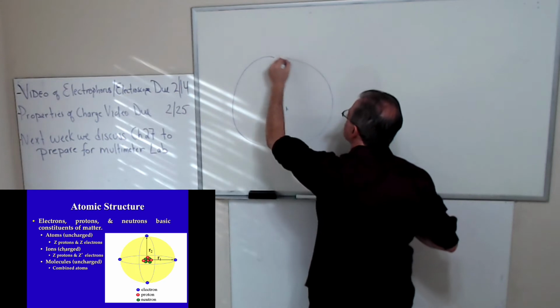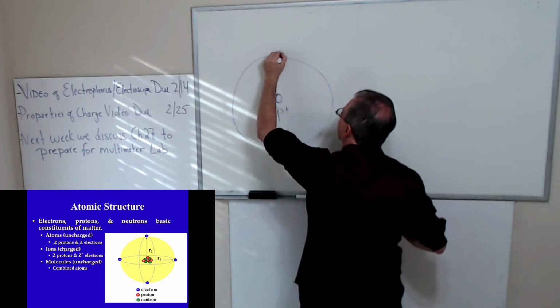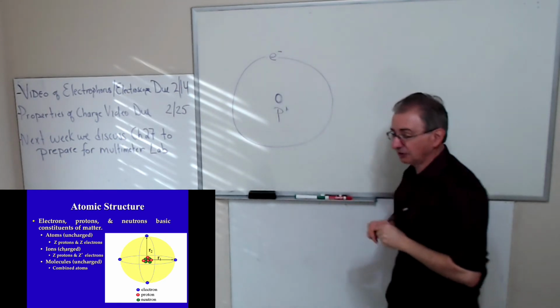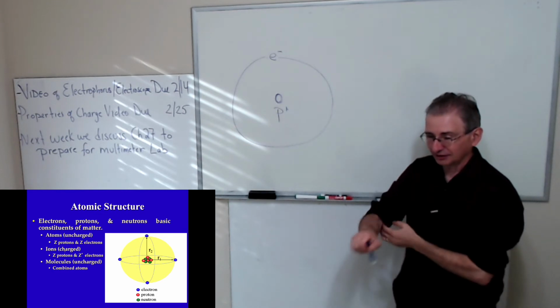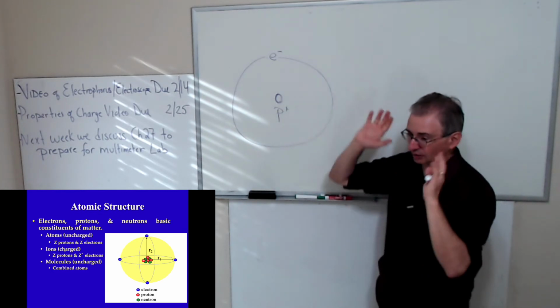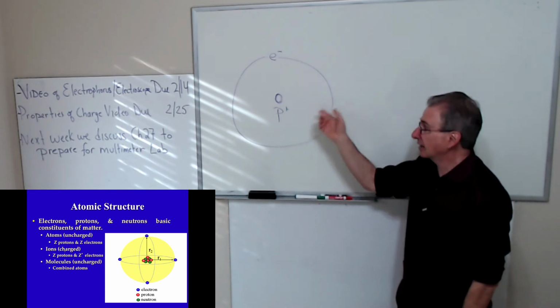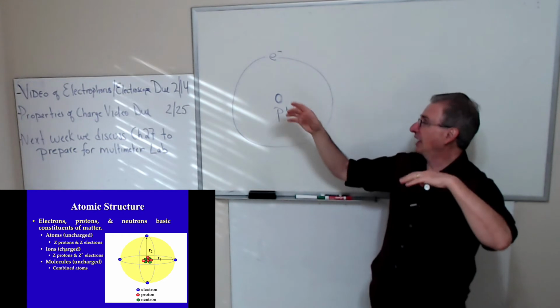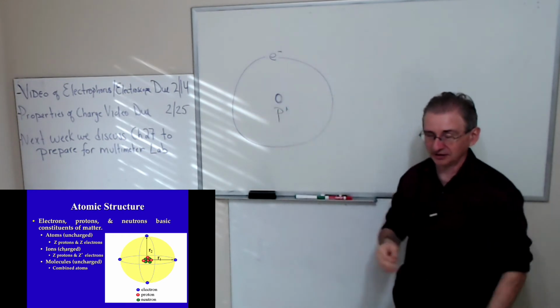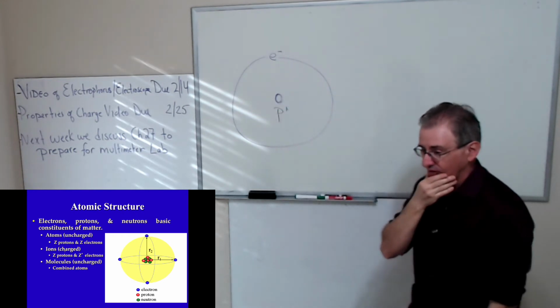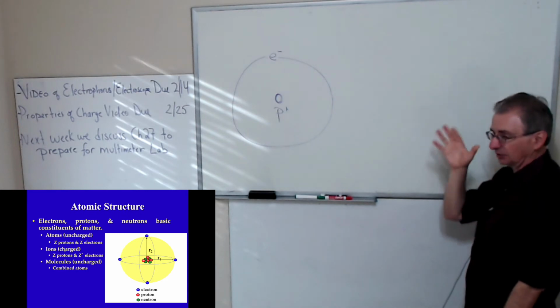Again, this picture I'm drawing is not accurate. So you have a proton with an electron going around it. The reason why it's not accurate is because the electron is really a wave and not something going in a circle. Although the first model of the atom assumed that the electron was going around the proton in the atom. Okay. But realistically, we got to treat them as a wave.